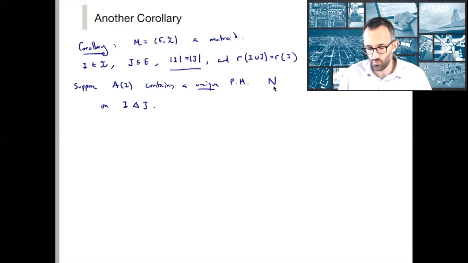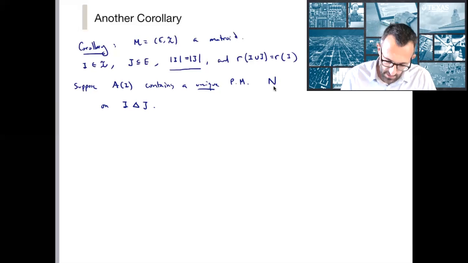Okay, so again, the previous corollary at this point asserts that J is also an independent set. We can just swap all the elements that are in I but not in J with the elements that are in J but not in I and have an independent set. Now we're saying something different.